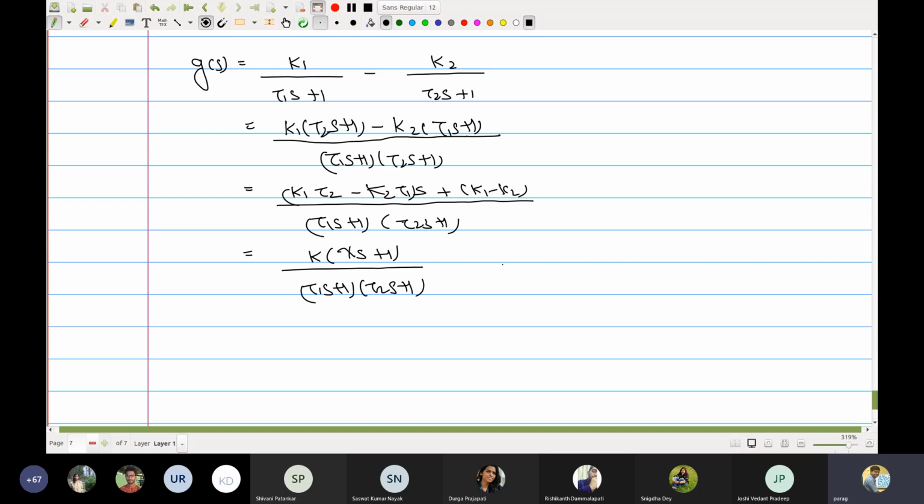Okay, so therefore again we learn the same lesson which we learned from our previous example, that it's not sufficient to look into the transfer function and comment upon the entire dynamics of the system. You should also know how the transfer function has been constituted. Because if you look at this transfer function and if you look into the previous lecture, this is like a second order system with a first order lead.